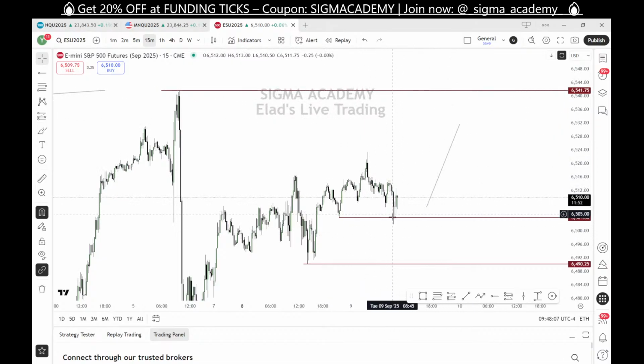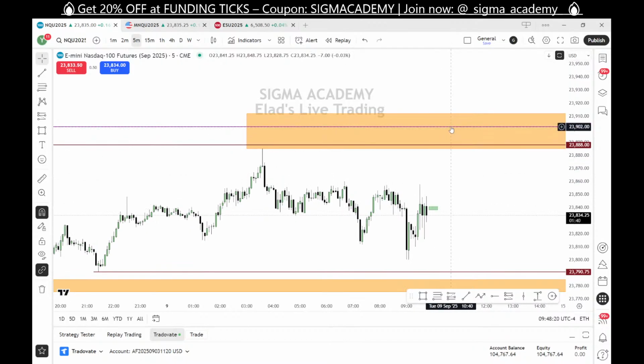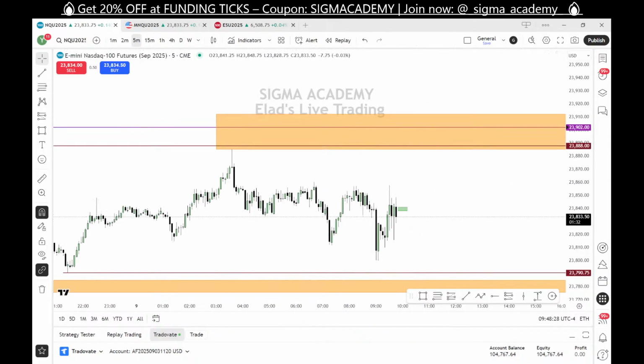So you can go long right here after the manipulation to target maybe this high, or you can make any alert on those highs. And once you get the alert, you can exit your trade.